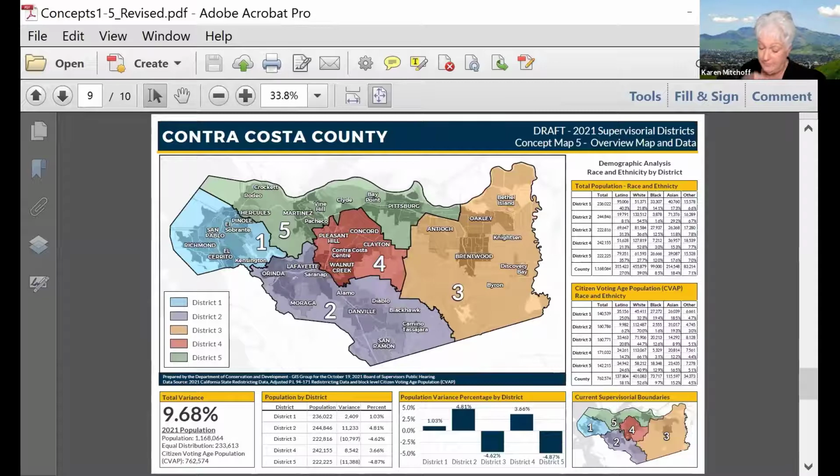The first map does show it in Supervisor Glover's district. He would like that because it has a synergy, he believes, with the Northern Waterfront project. I don't think that synergy needs to be there. And I think Concord will swallow a little bit of a split that is shown in map 5 if they keep the airport.